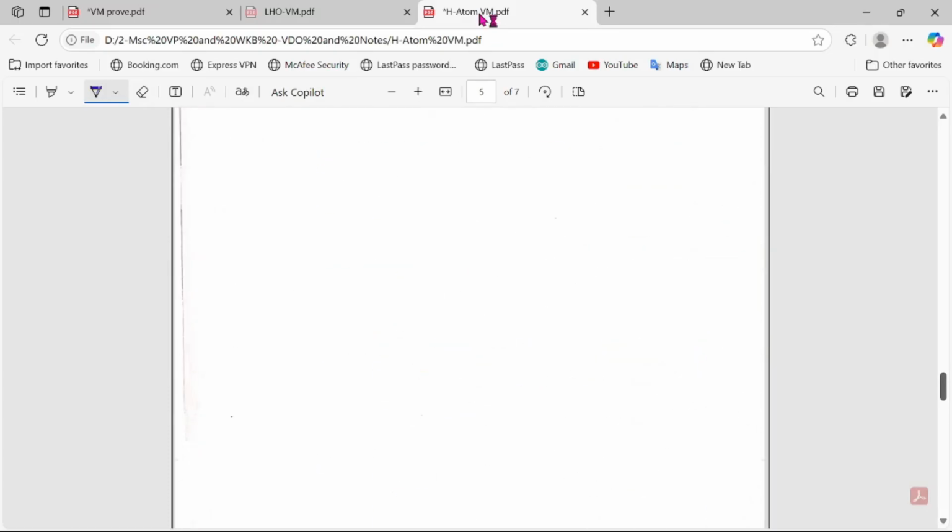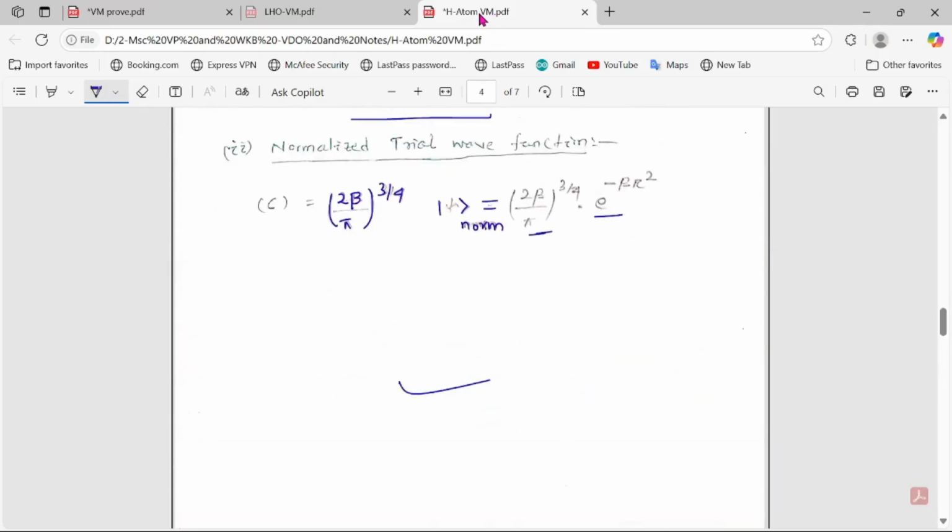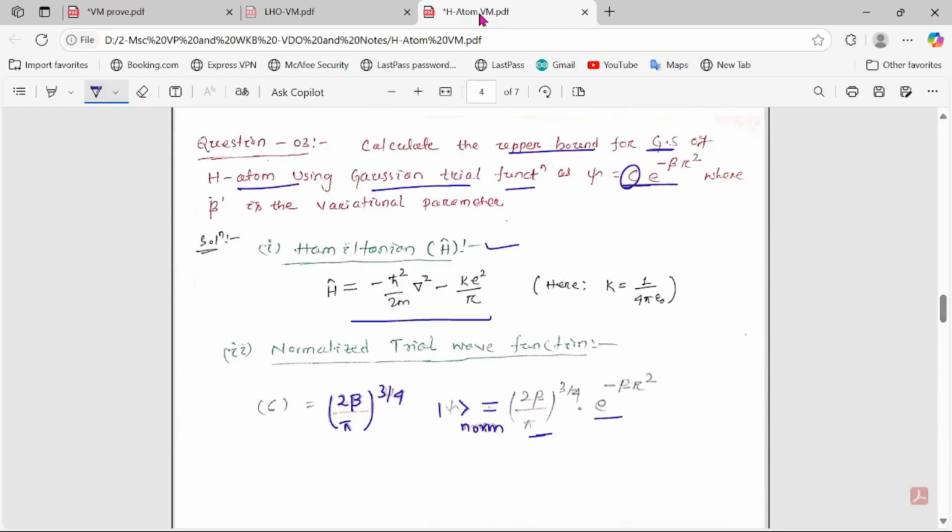So if I consider this Gaussian wave function, we found 11.56 electron volt. But if I consider the previous one, C e to the minus ar, we found minus 13.6 electron volt. That means by considering the Gaussian wave function, we are not approaching the exact value of the ground state energy.